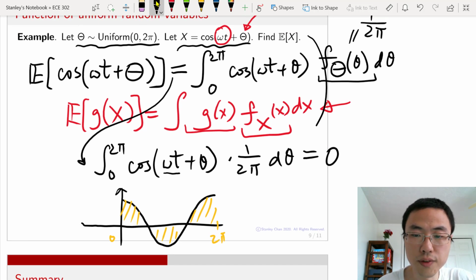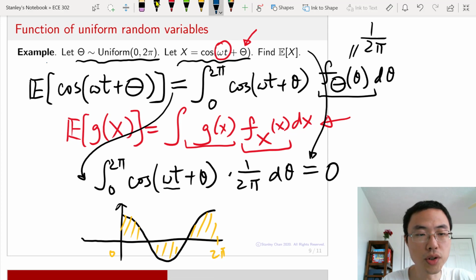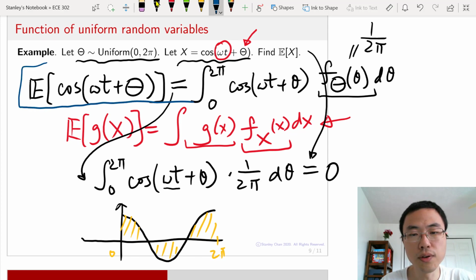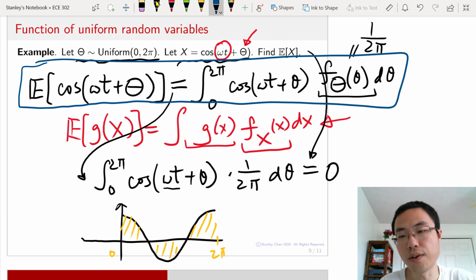The x is given by this number 0. The main key here is to recognize the first equation, where the expectation of a function is just the integration of that function value times the PDF, and then you integrate with respect to your random variable.